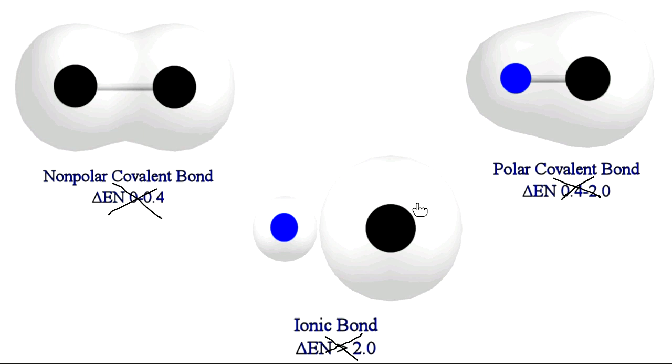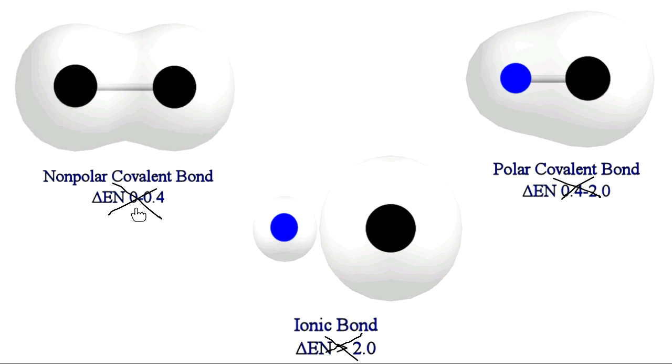If we're somewhat different from each other, but still not completely different, we'll form a polar covalent bond. In a polar covalent bond, remember, somebody gets those electrons more often than the other person. So in polar covalent, we're not sharing equally. Our electronegativities aren't completely matched. They're kind of different. In a nonpolar covalent bond, those electronegativities are very similar to each other.